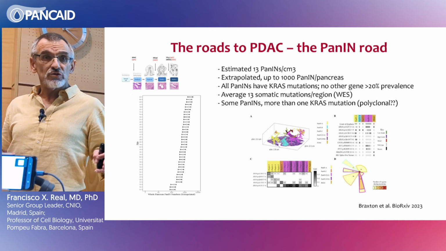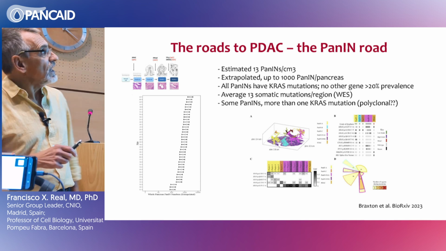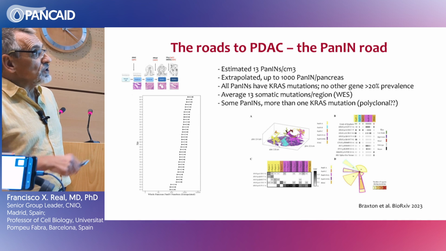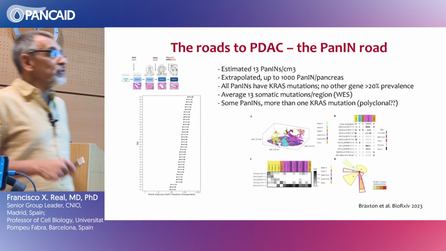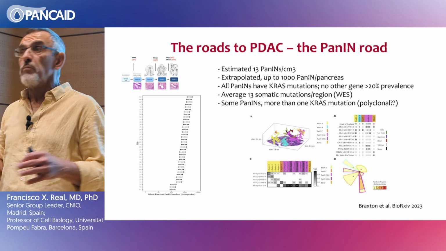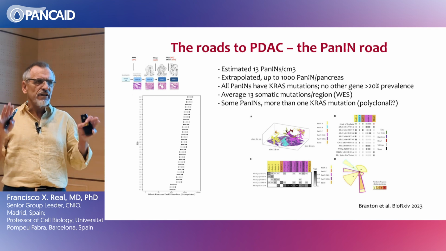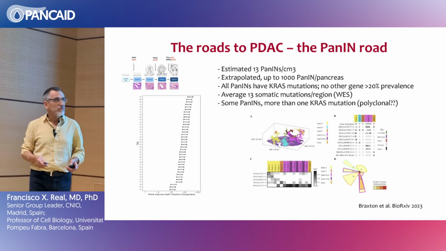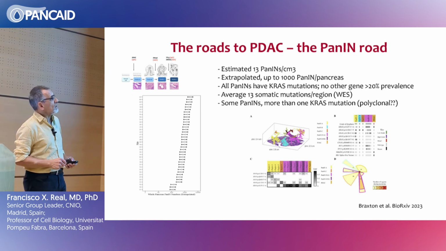They did whole exome sequencing in more than 20% of the PanINs. The average number of mutations was 13, and in some PanINs, more than one KRAS mutation could be verified, indicating that they may be polyclonal. This is really fundamental if one thinks of what we're going to learn from this in order to plan the screening or early diagnosis.